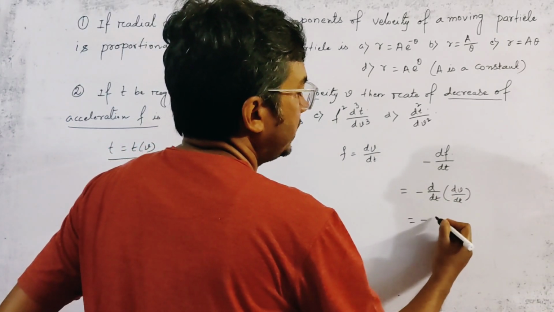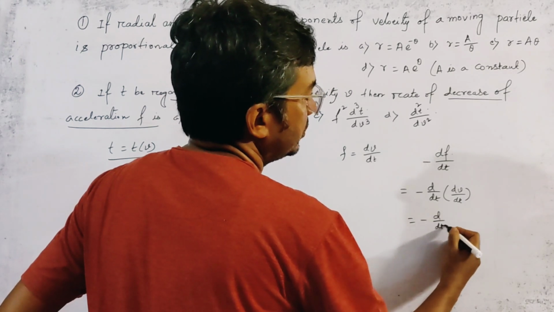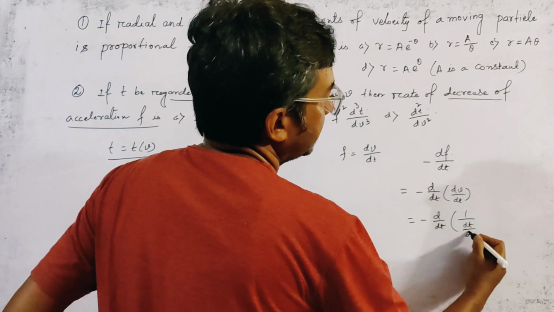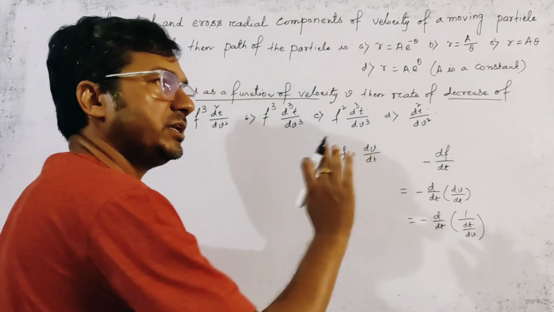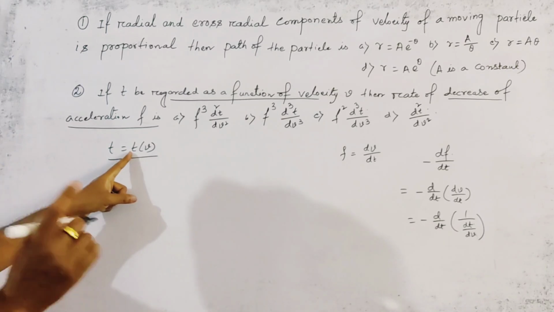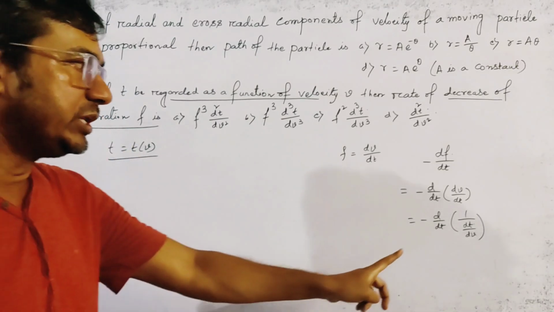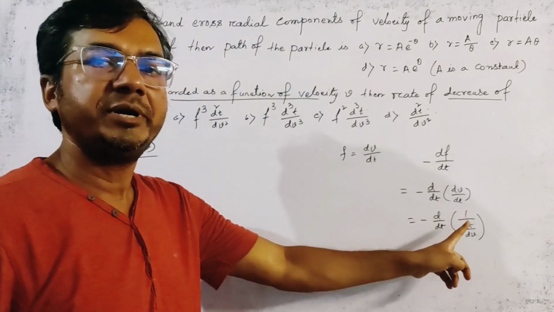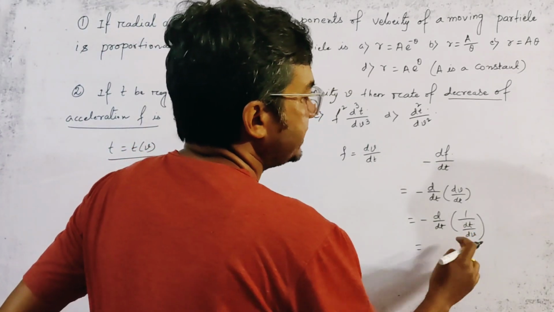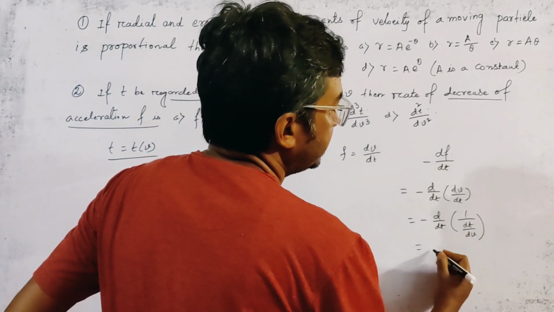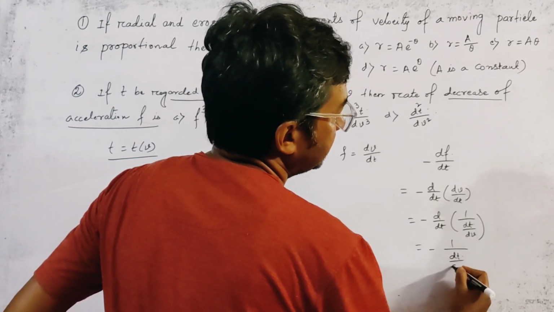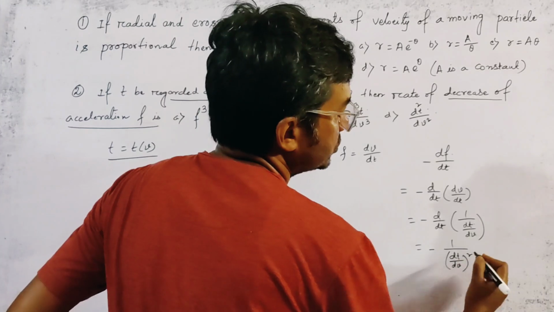Now this is d dt of, we write this as dt by dv. Why do we take dt by dv? Because we must differentiate t with respect to v, so we write this in the form of dt by dv. Now we differentiate this, we get the result as minus 1 by dt dv whole square.